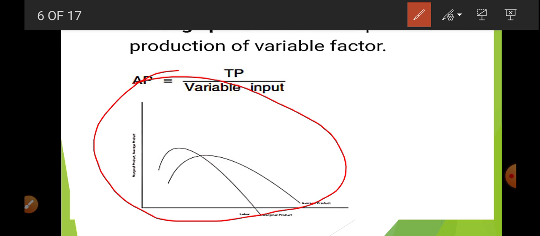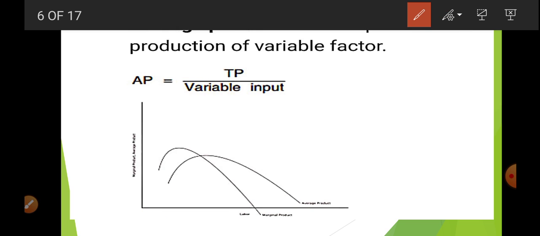This curve is your AP and this curve is your MP. If I explain it properly, this is your average product and this is your marginal product, and in this way the diagram is divided into three parts.